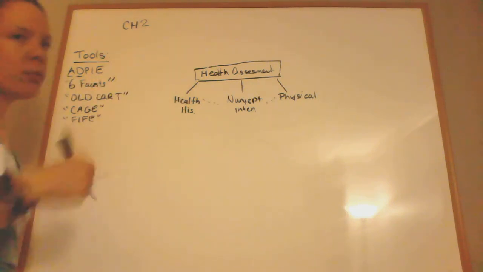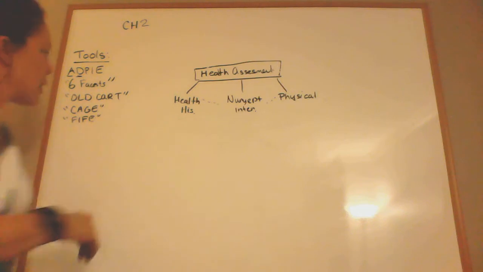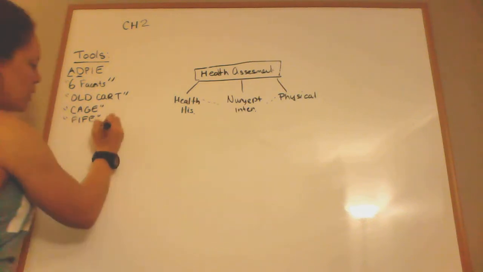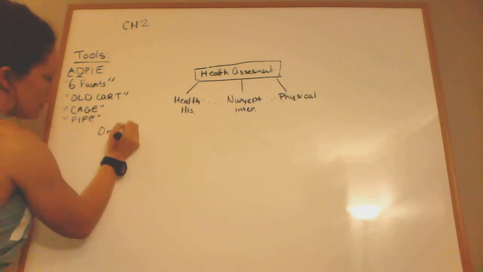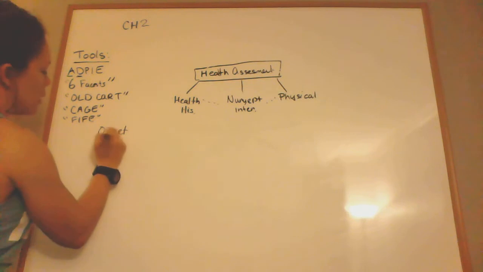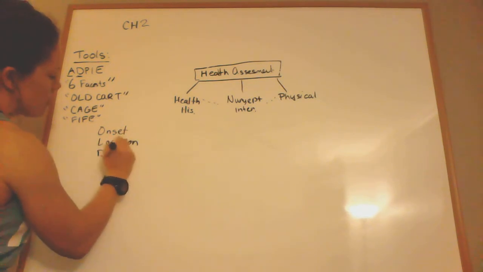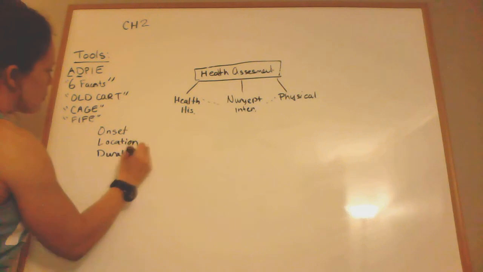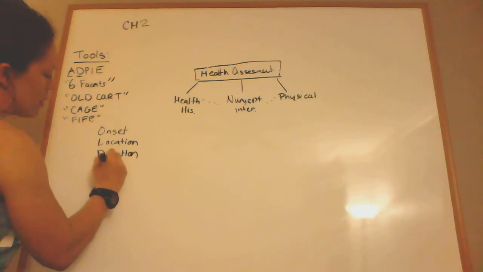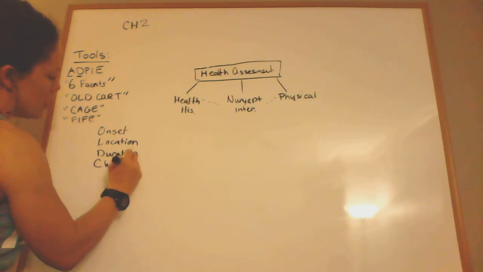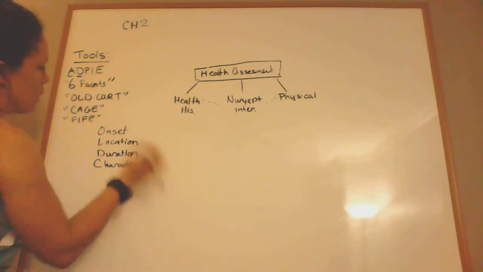So one of the first things that they hit on is that old CARD acronym, which stands for onset, where's your pain, location, the duration of the pain, characteristics. Is it dull? Is it sharp? Is it radiating?